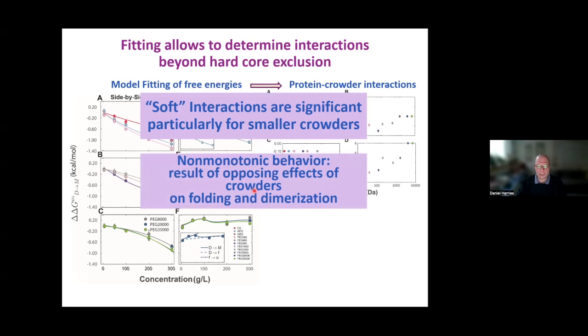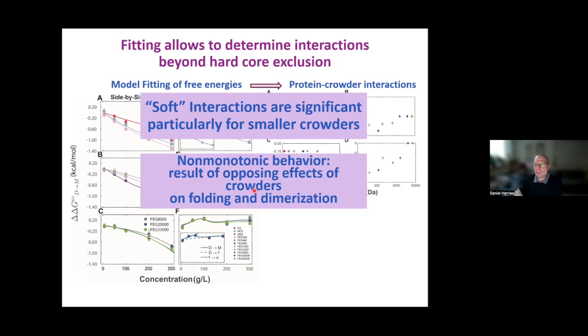So while the interaction between Crowder and unfolded state drive folding, they impede dimerization because of the interaction between the Crowder and the monomer and the dimer, the fully folded ones.